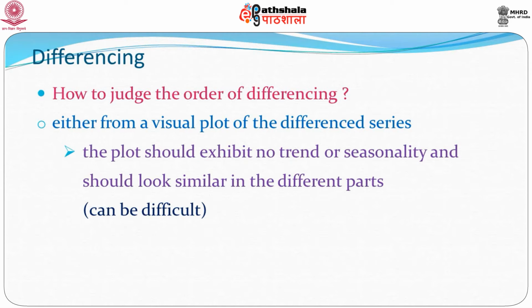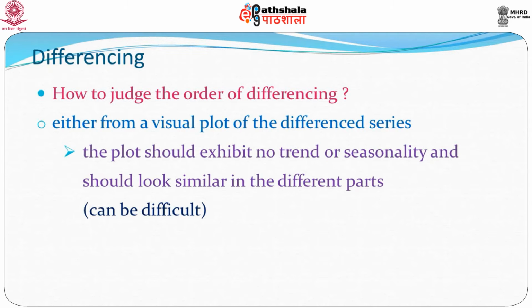Visually this can at times be difficult, particularly for inexperienced people, but once you get used to it, it is not so difficult to see whether you have been able to eliminate trend and seasonality.